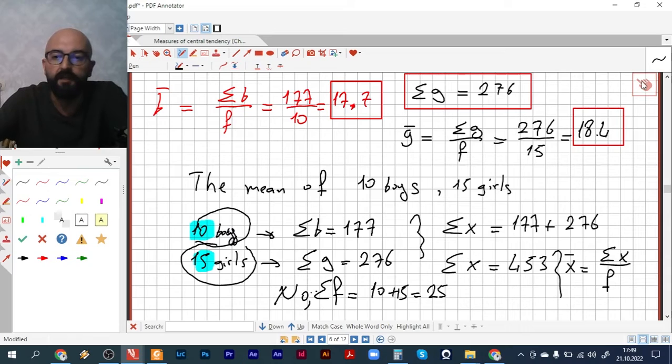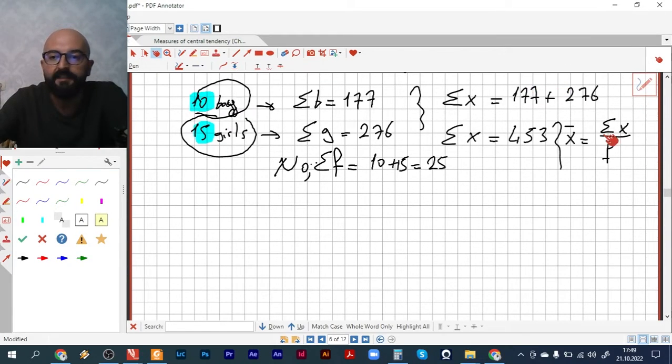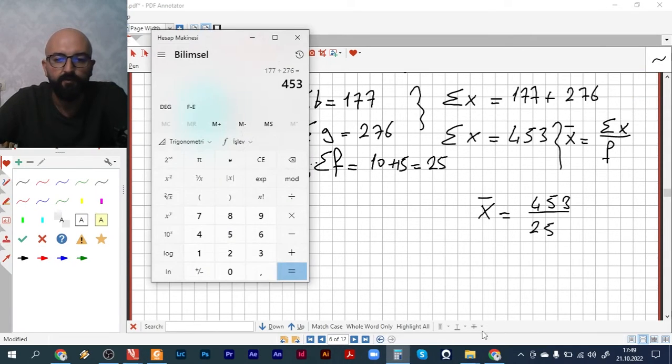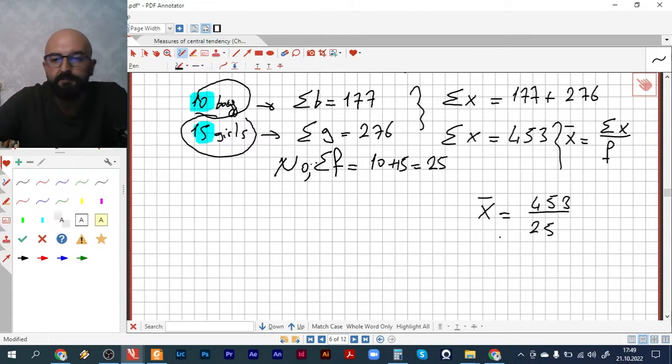So finally the mean is 453 over 25, it becomes 18.12.